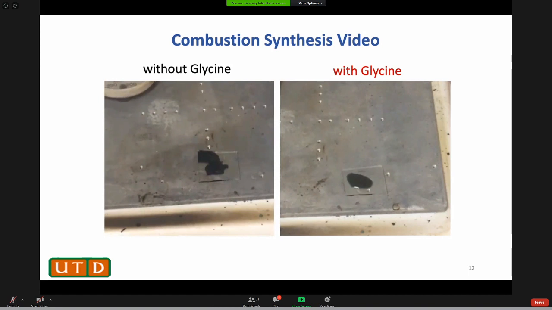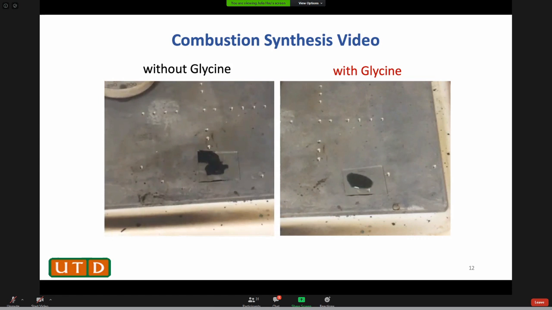This one with glycine, you see very quickly those sparks. You see lots of sparks. Those are combustion. Obviously when we make our film, we don't put that much glycine there, so we don't burn our films. But this is to show that it can sustain a reaction.